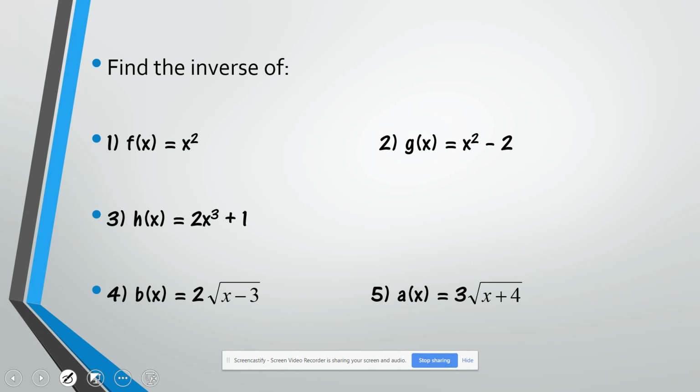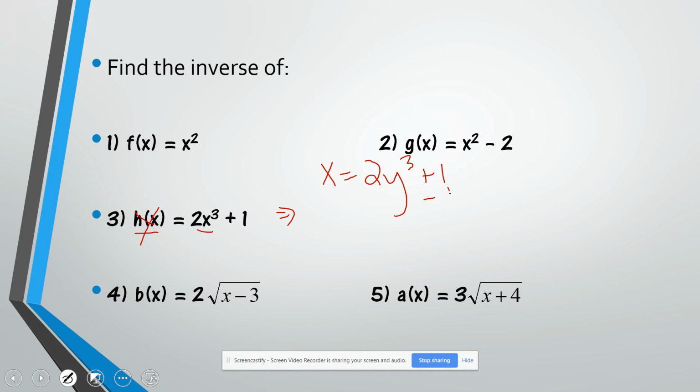Okay, I want to try 2 more together, and then we will cover a couple others tomorrow in class. Let's take a look at number 3. Remember, h of x is the same as y. So trade the x and the y. Then we have x is equal to 2y cubed plus 1.